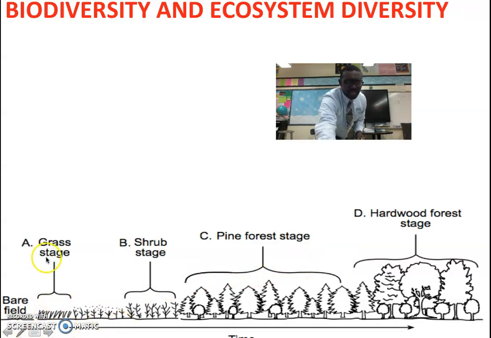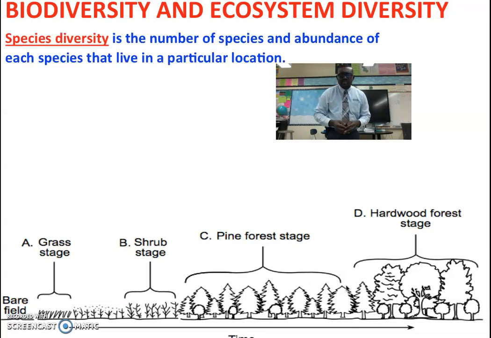With time, you see different populations of organisms. It started with the grass stage, then shrub, pine forest, then hardwood forest. With time, different populations or communities are being replaced in the same environment.